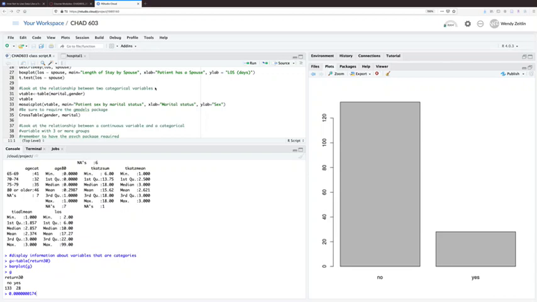Okay, so the first thing that we'll do is look to see if there is a statistical relationship between a patient's sex and readmission to the hospital within 30 days.